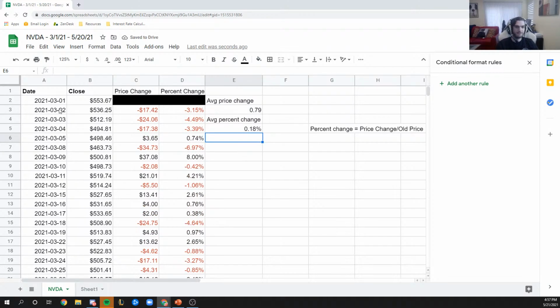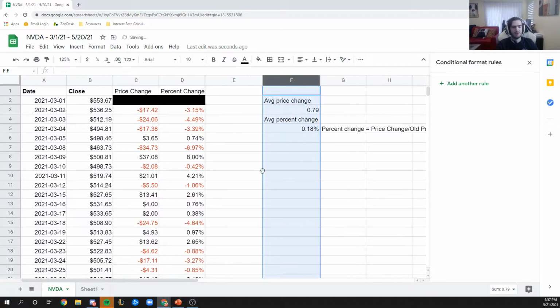So forgetting all of the crazy ups and downs, it went up every day, on average, 79 cents, and the average percent change was 0.18%. So our straight line from March 1st to today, every day it went up on average 79 cents.